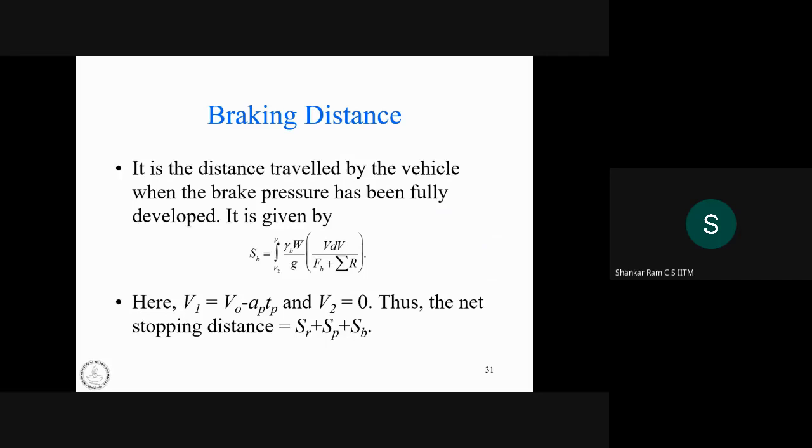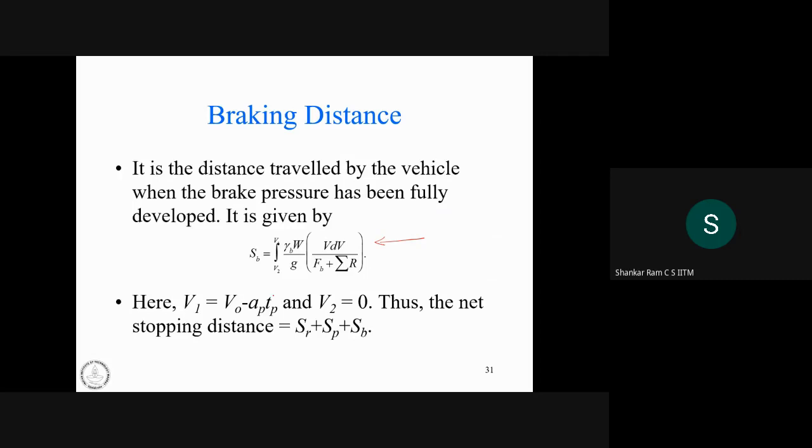So once again, we use simple equations from kinematics, and F equals ma, to solve for the braking distance, that is the distance traveled by the vehicle during this phase.